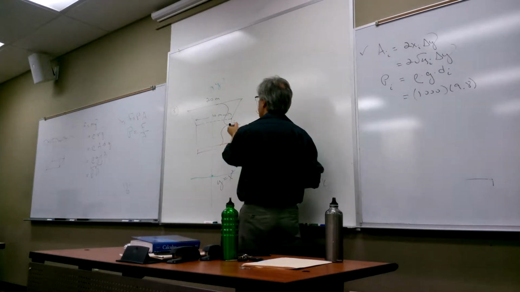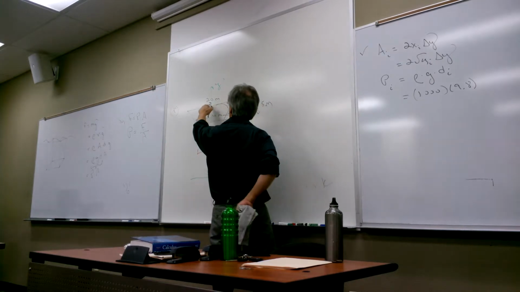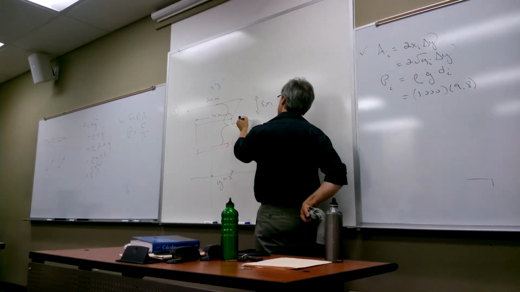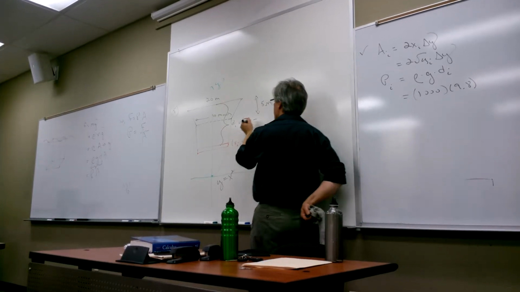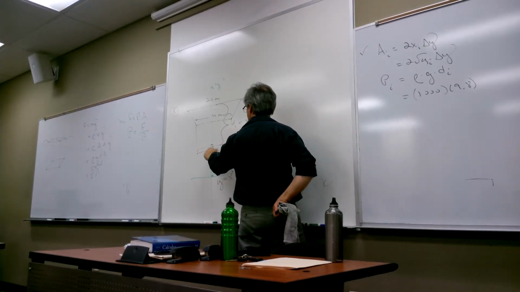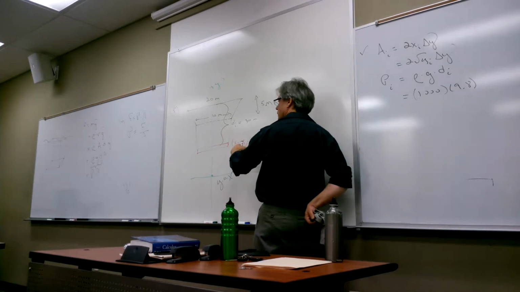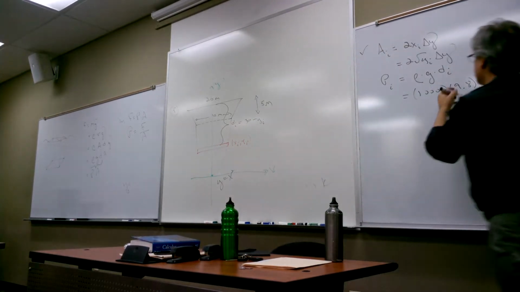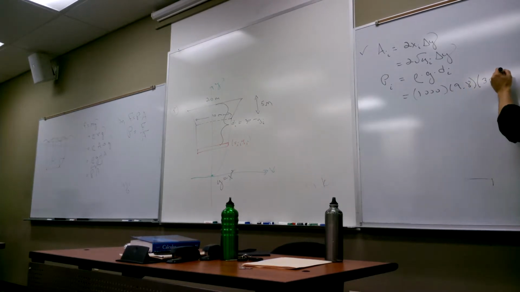But d sub i is going to be interpreted as the high y value of 30 minus the low y value of y sub i. And so my d sub i could be interpreted as 30 minus y sub i.